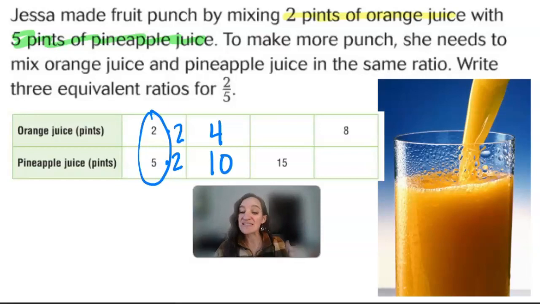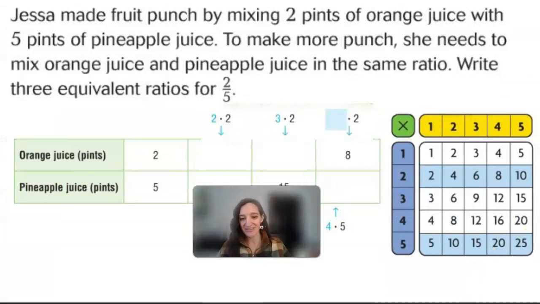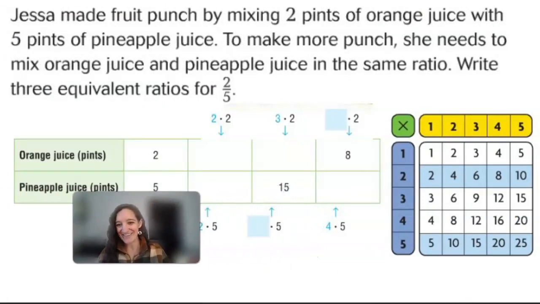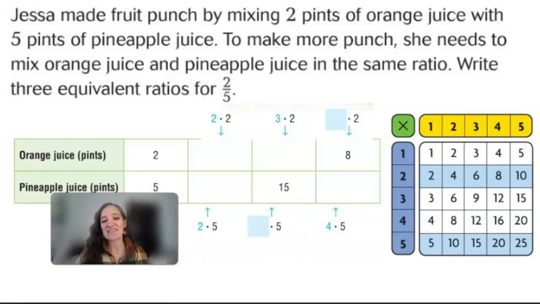Okay, so we can double or triple or quadruple, it looks like. One thing that's really helpful when you do these equivalent ratios is look at a multiplication chart, because your multiplication chart often already has those multiples that you're looking for, right? Here's my row of 2, here's my row of 5. So there's that 2 to 5 ratio that she started with. If we double it, it would be 4 to 10, like we just figured out.